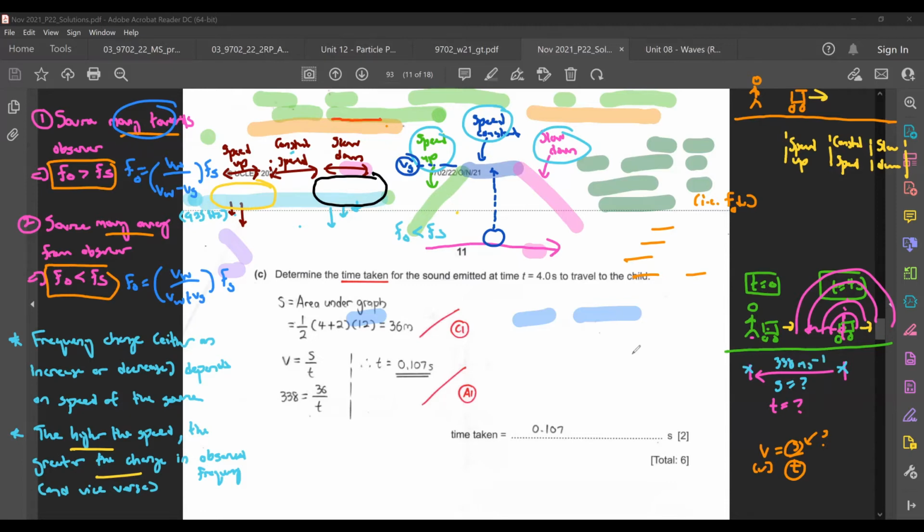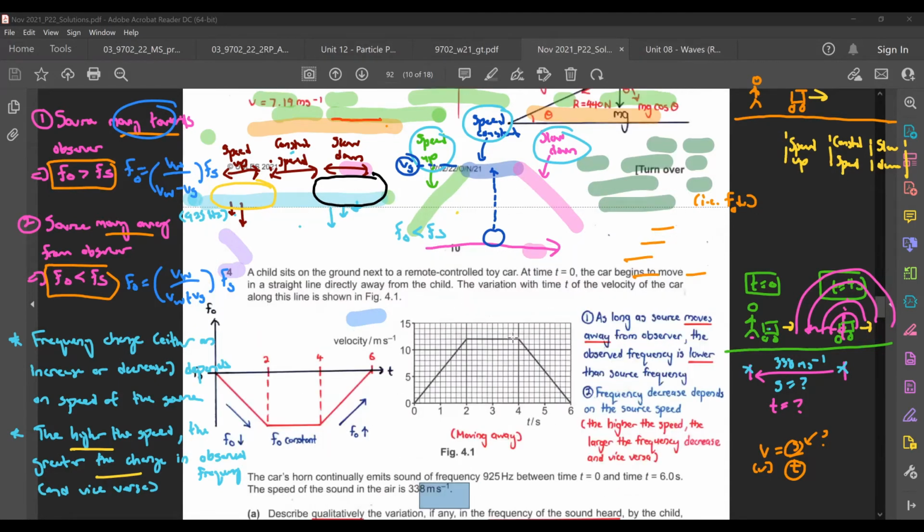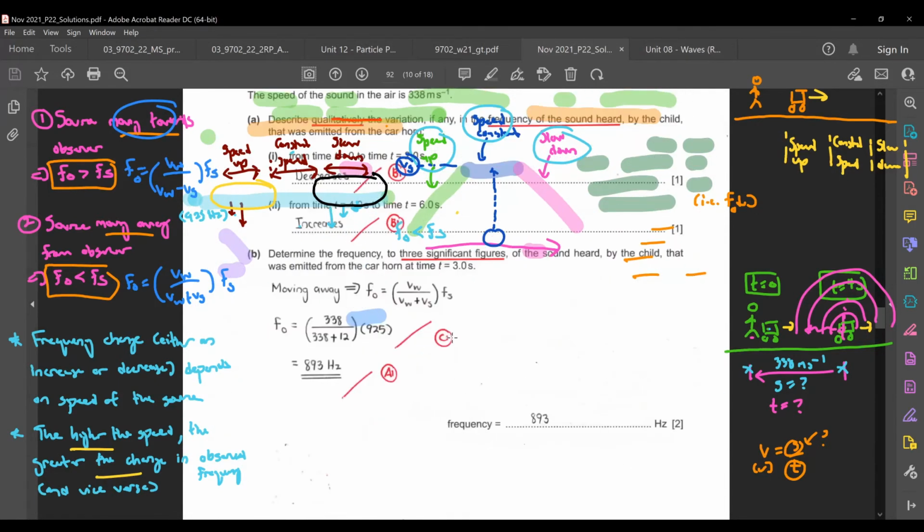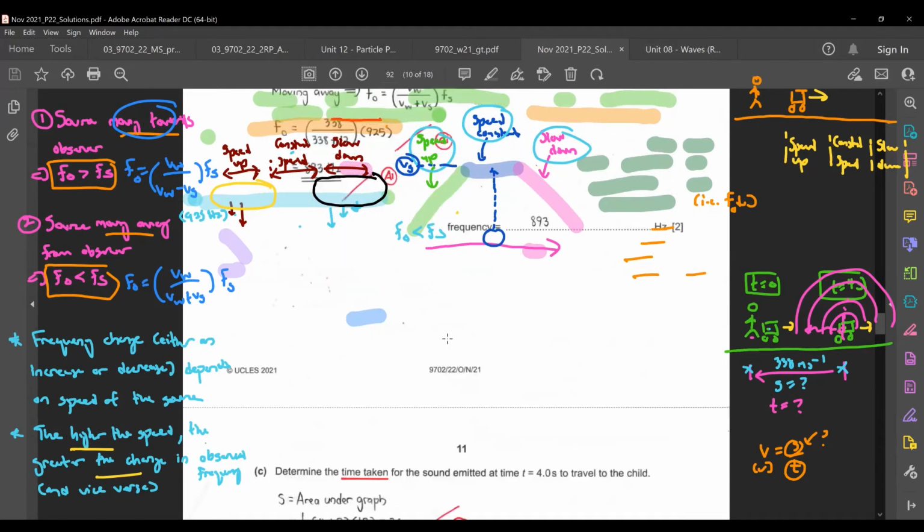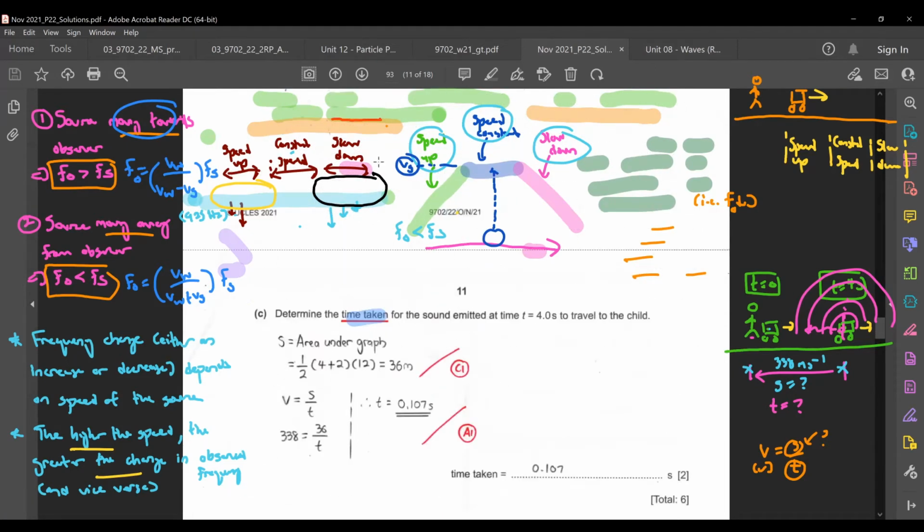So where can we find out the distance that has actually been moved by the car? You can actually relate it to your velocity time graph here. If you look at your graph before this, this is the velocity time graph of the car as it has moved. So you make use of that information.